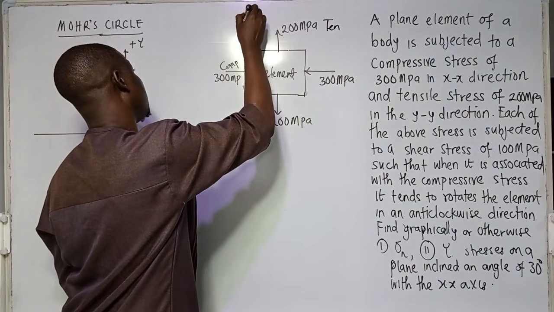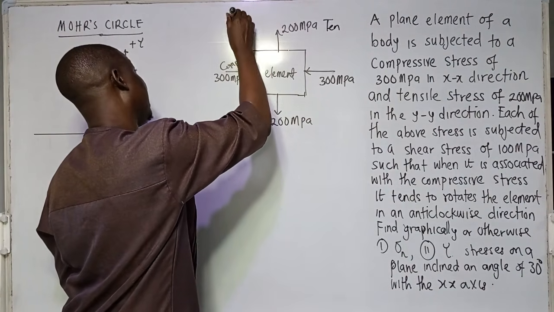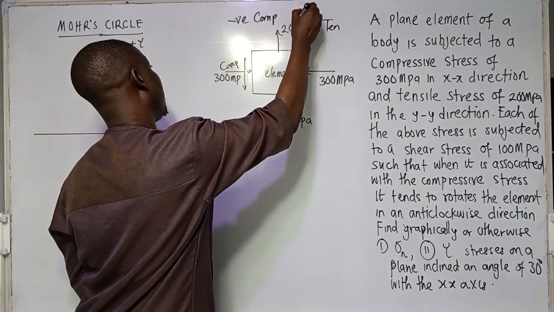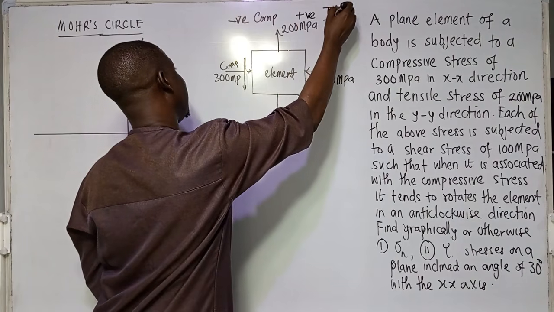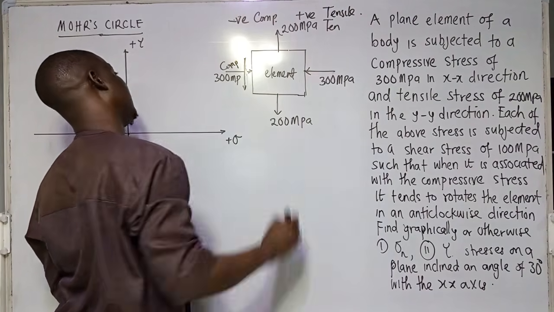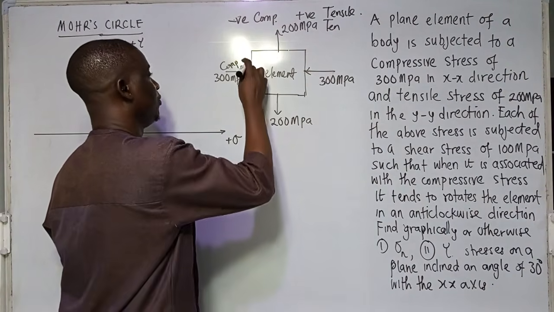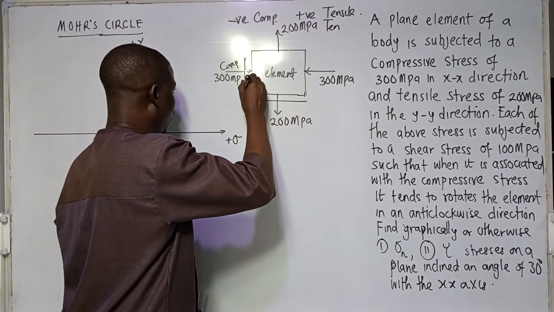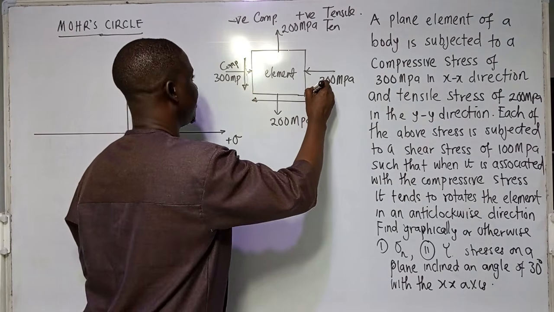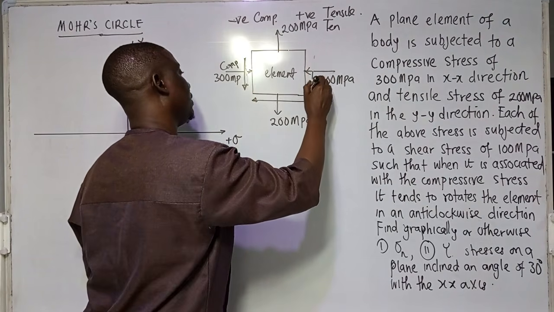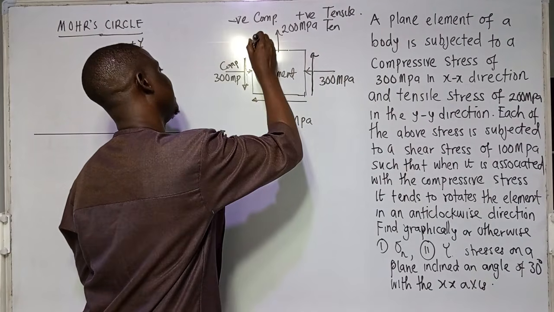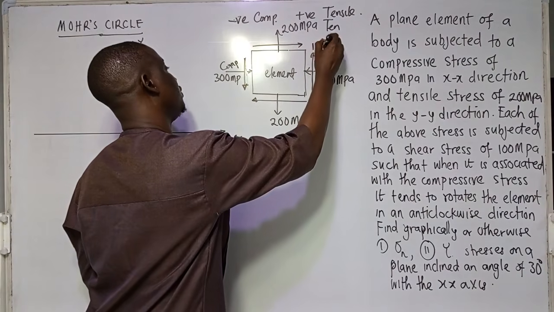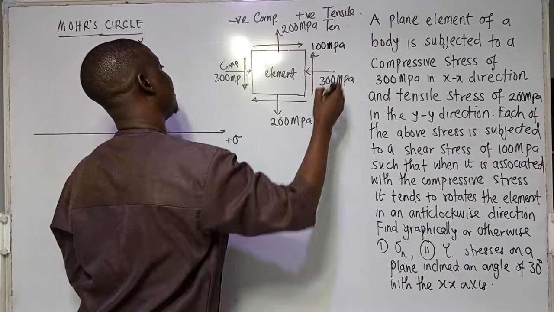Don't forget, compression is negative, while positive is for tensile. So it will move like this, anti-clockwise, head to head, tail to tail. This one will move like this, then this will move like this. So this is 100 megapascal.